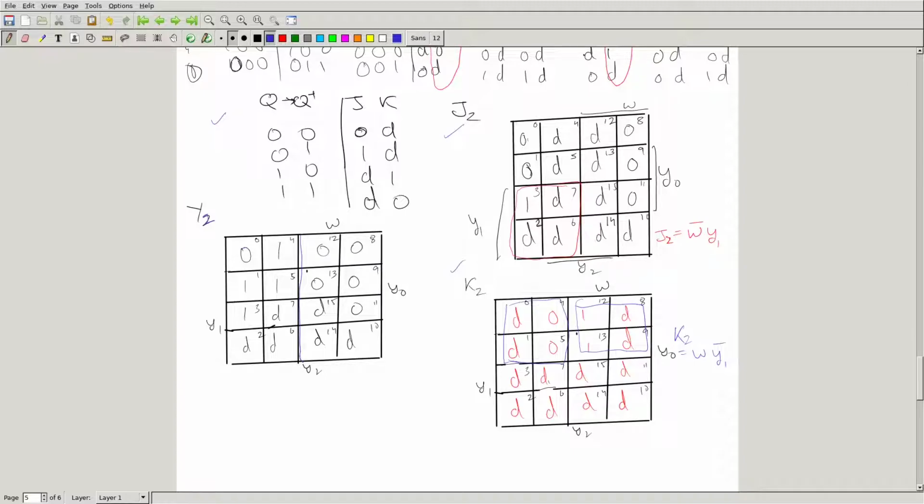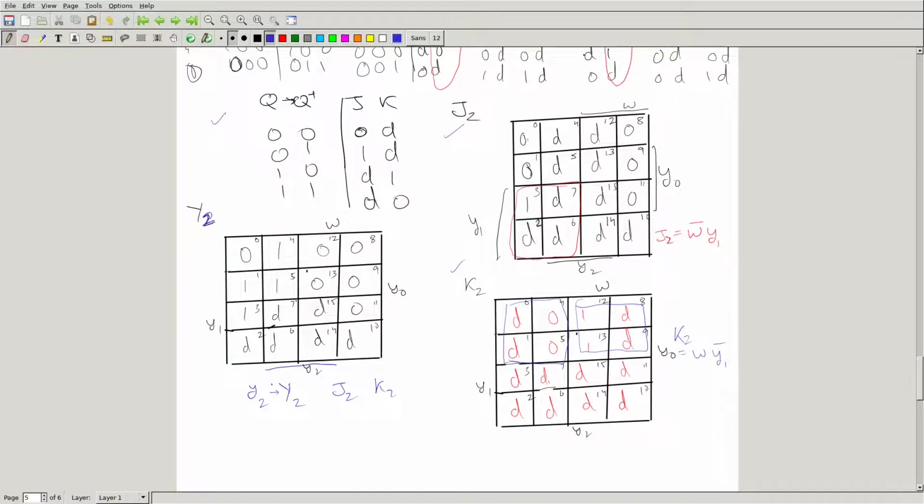So we are talking about capital Y2 and transitions from Y2. We are interested in what happens when Y2 goes to capital Y2 and what the values of J2 and K2 should be to enable that.